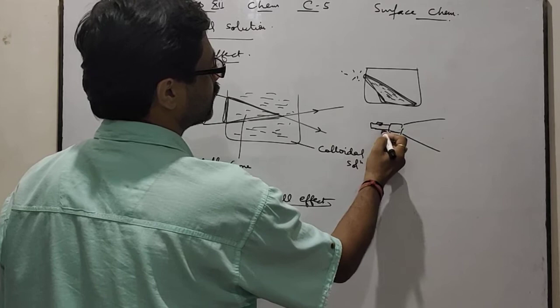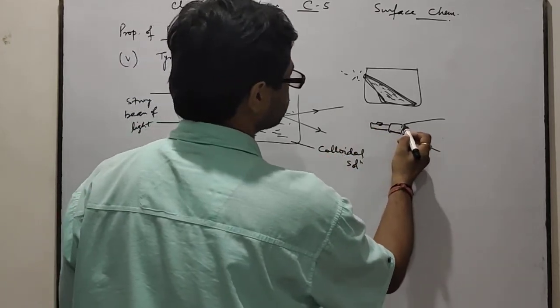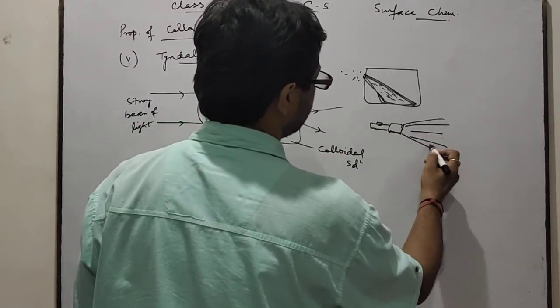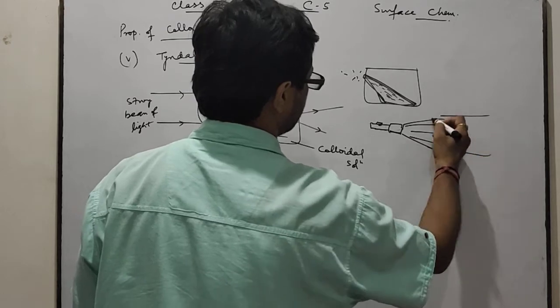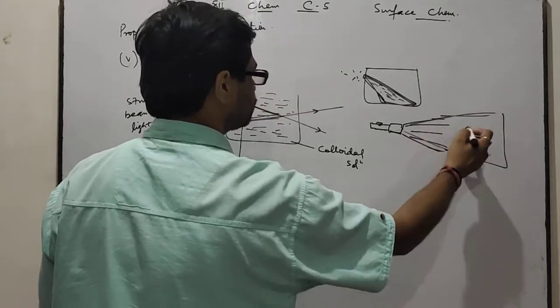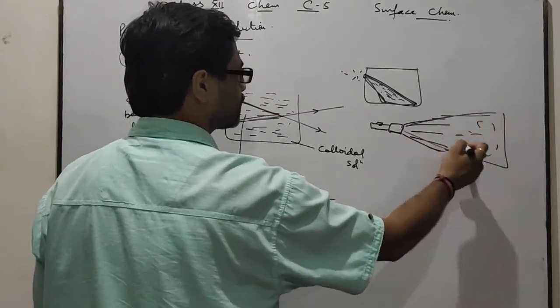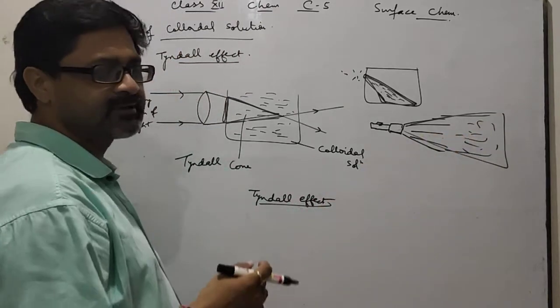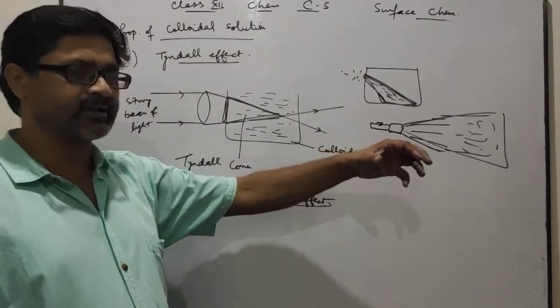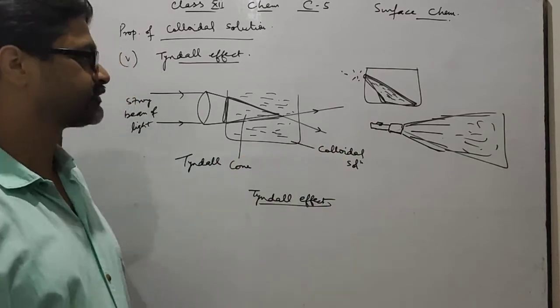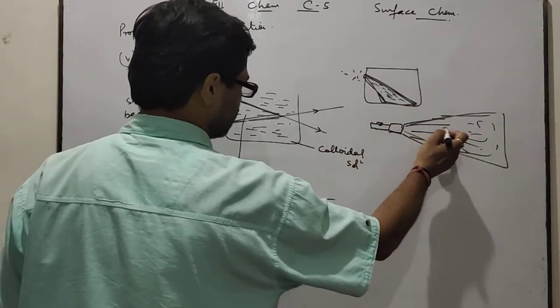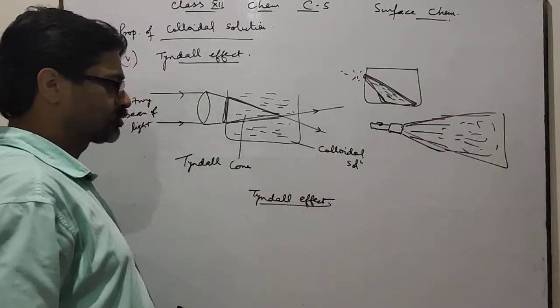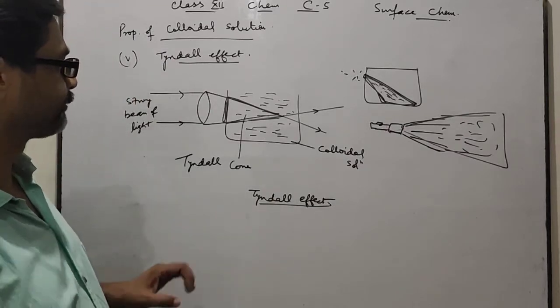When we switch on a torch, the path of light appears in the form of a cone, and the dust particles are seen in the path of this light. Dust particles are also colloidal particles. This is also the Tyndall effect.